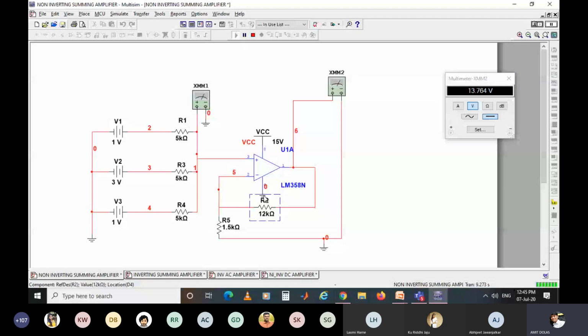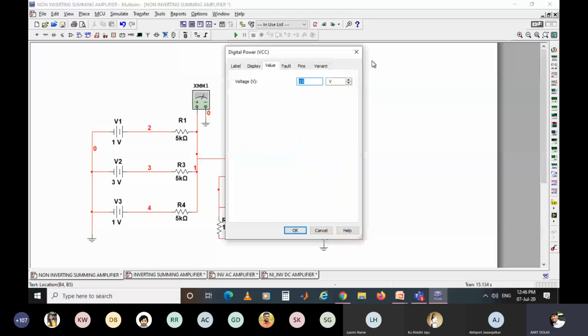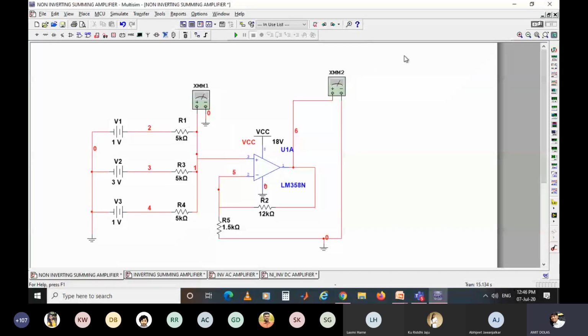So ideally the maximum I can achieve is 15 volt, but practically there will be a saturation voltage less than 15 volt, which is shown on this meter, that is 13.764. If I increase the power supply, then definitely I can expect the exact value that we calculated.